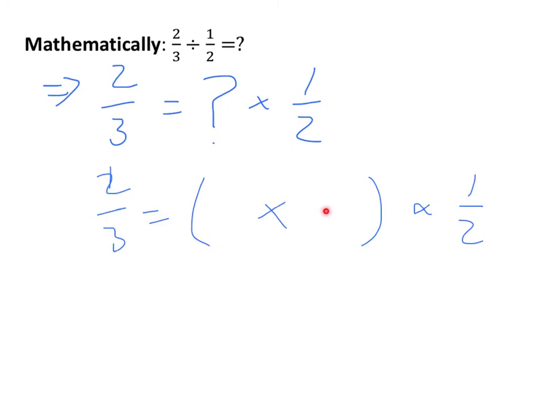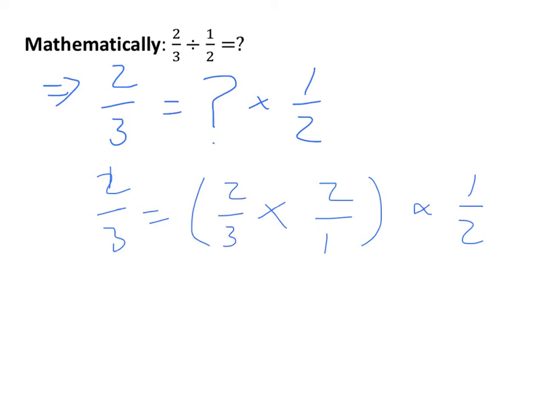So what number times 1/2 would give me 1? Well, I could put a 2 over 1. Now, why is that going to work? Well, because if I do this multiplication, the 2's would cancel, the 1's would cancel, and I get just 1. So what we have right here is just 1, so I think of what number here times 1 is going to give me 2/3. Well, the answer is 2/3.